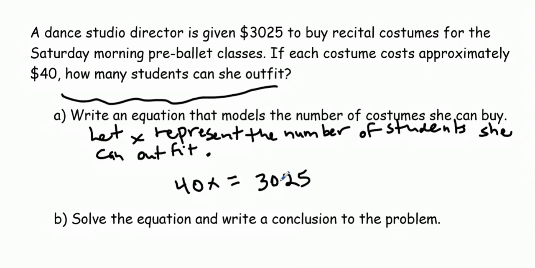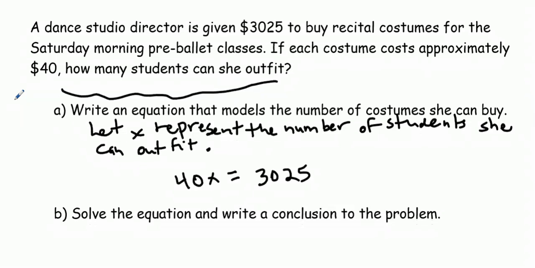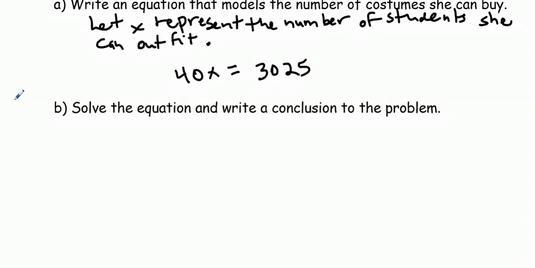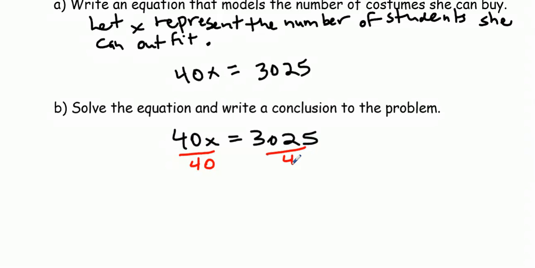So 40X equals $3,025. All right, now it says solve the equation and write a conclusion to the problem. All right, I'm just going to rewrite it. And you know that to solve this equation would require us to do the opposite operation on the X. It's multiplication, so we're going to undo that by doing division of that coefficient.